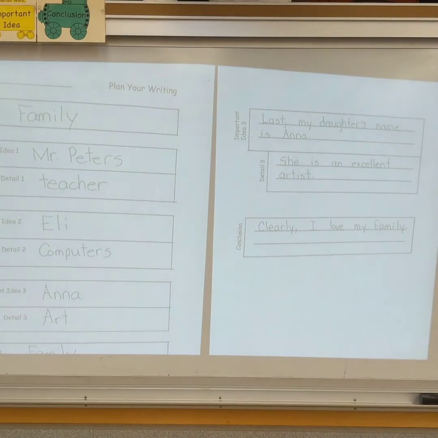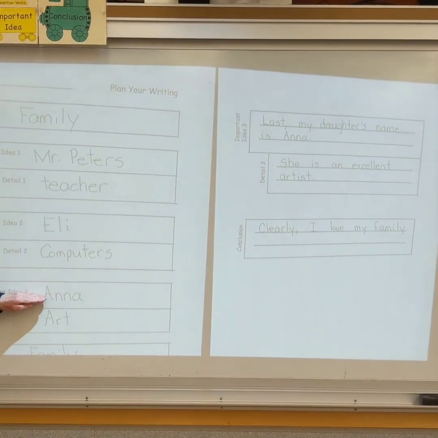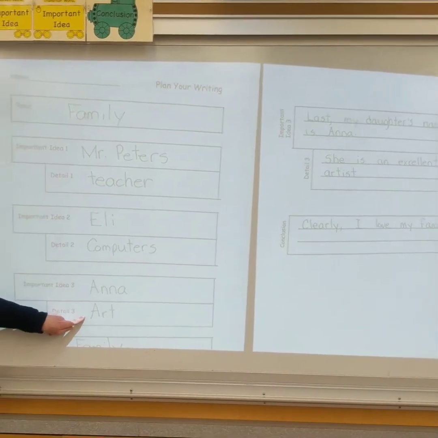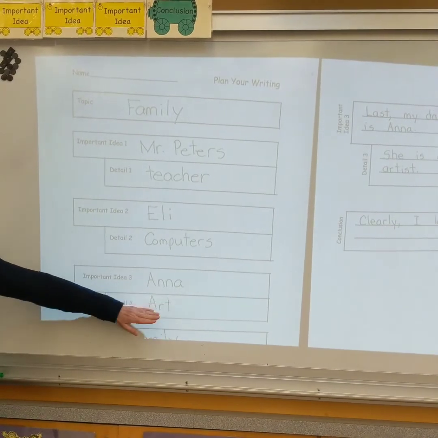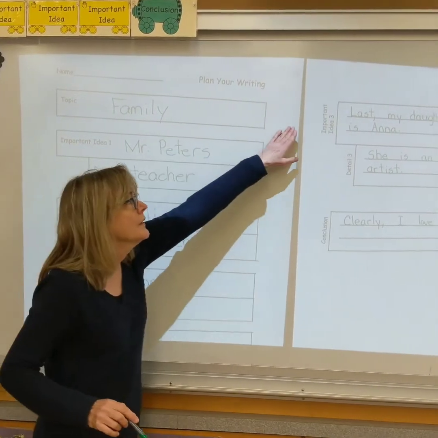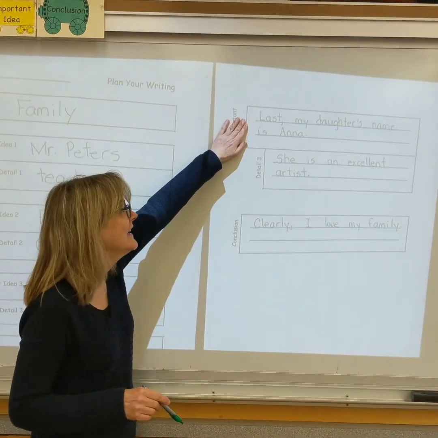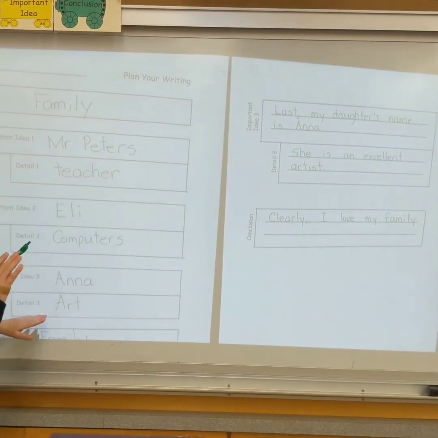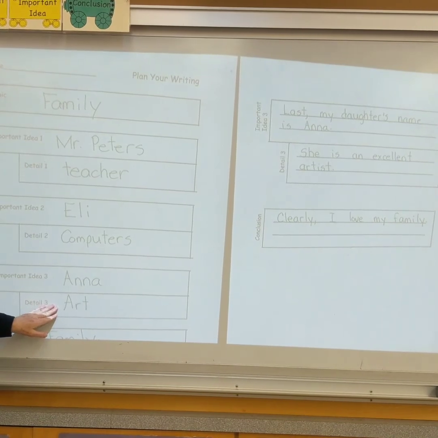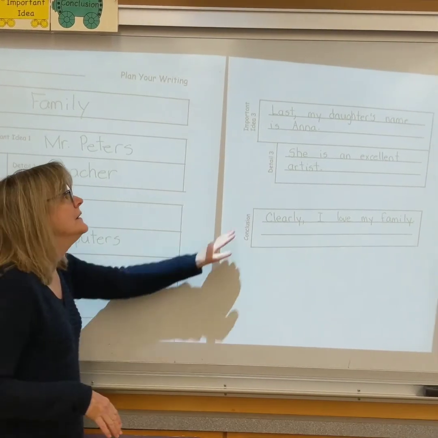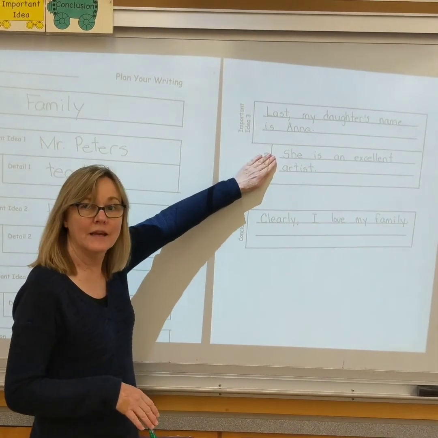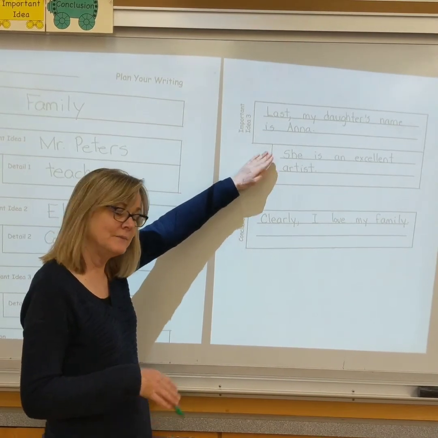So I took my important idea 3, Anna. Now, I didn't write about her art yet. That's my detail. For important idea 3, last, my daughter's name is Anna. And I get to write a whole new sentence about the detail. She is an excellent artist.